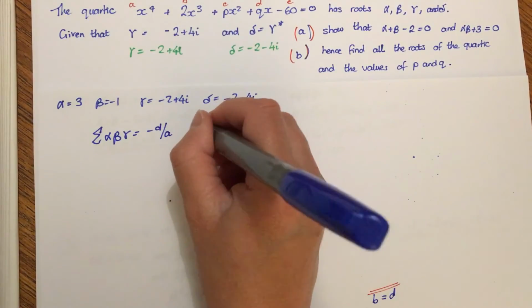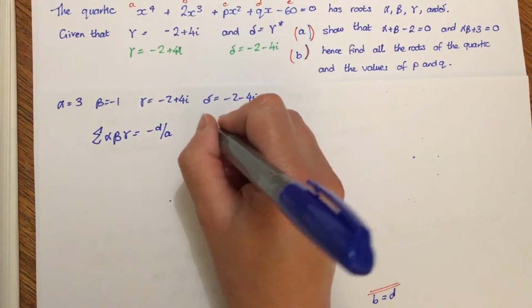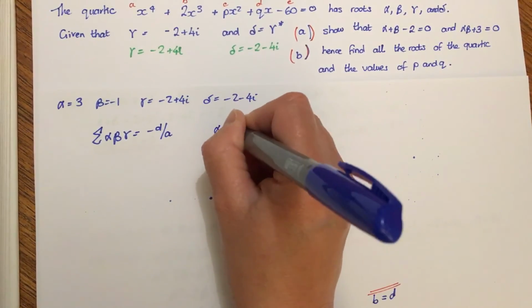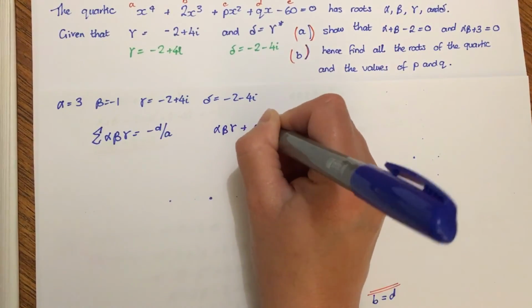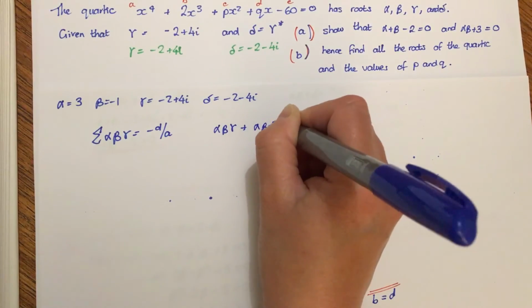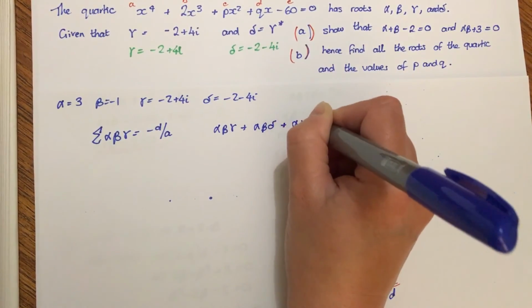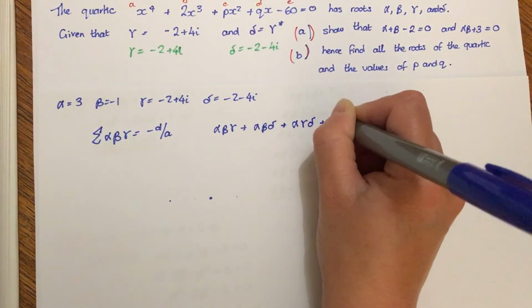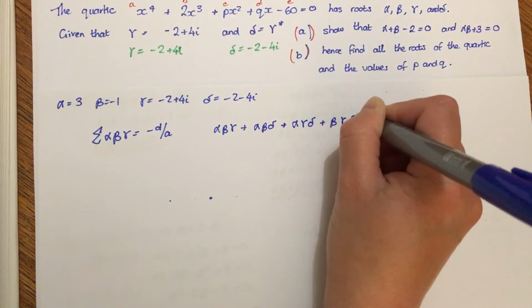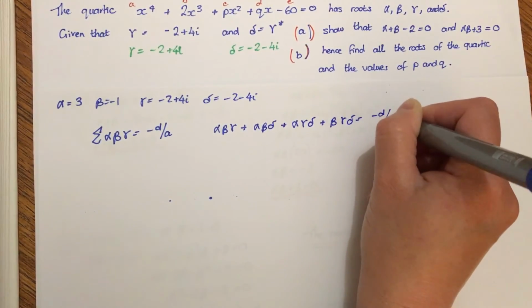And if I wrote all of those out, trying not to forget one this time, I would have alpha beta gamma plus alpha beta delta plus alpha gamma delta plus beta gamma delta equals minus D over A.